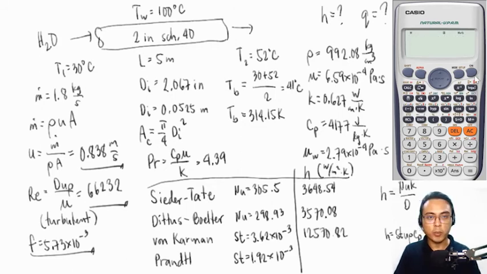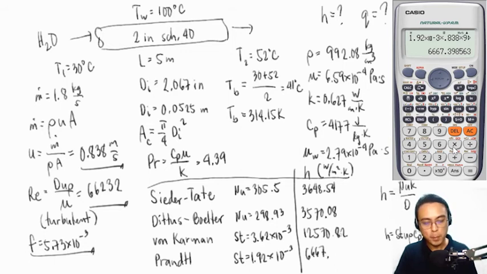And lastly, from the Prandtl analogy, we have 1.92 times 10 raised to negative 3 times velocity 0.838 times density 992.08 times Cp 4177. We have 6,667.40. Now, we have obtained 4 different values of the heat transfer coefficient. The question is, which among these is the correct value?